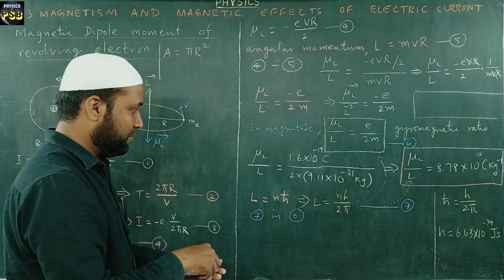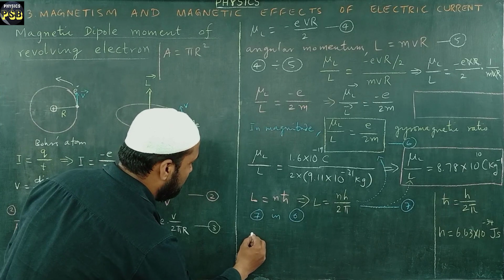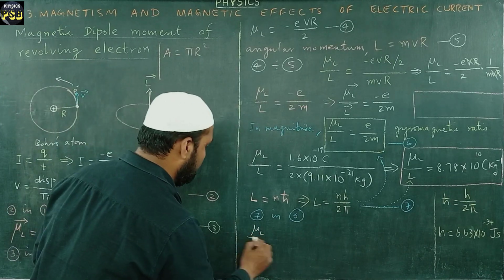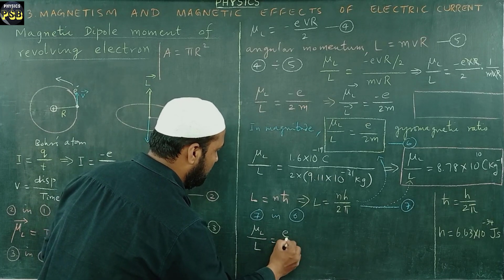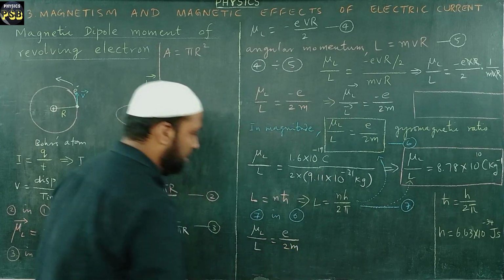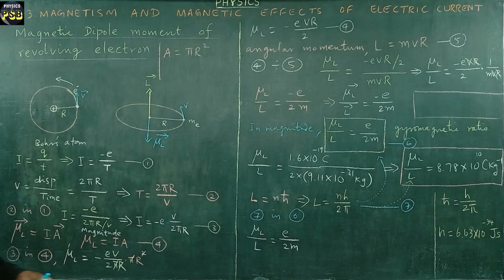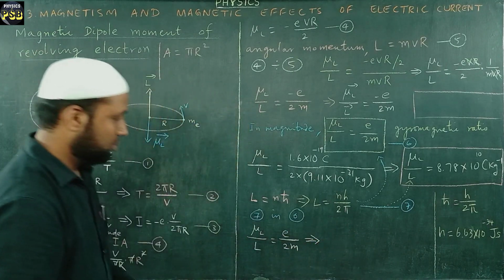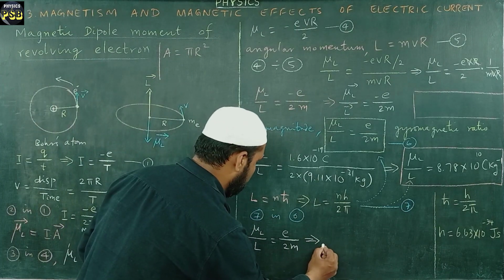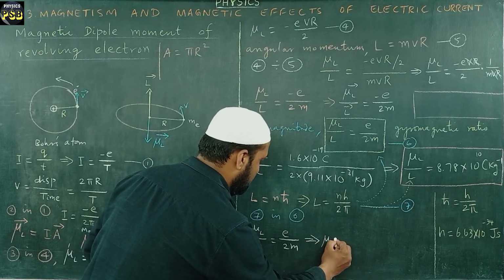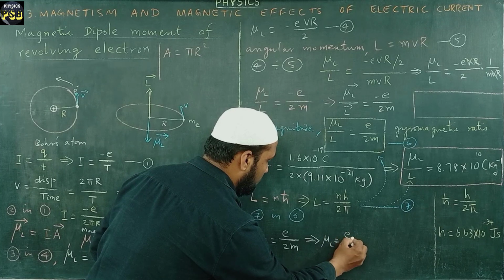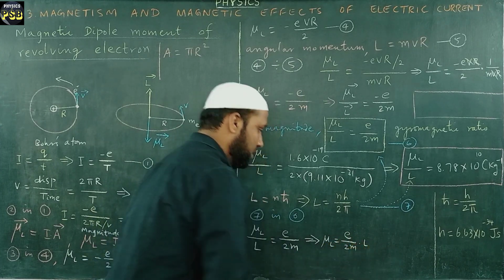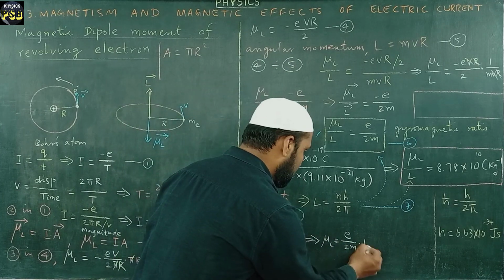I get μ_L upon L equals e upon 2m. So μ_L is found to be equal to e upon 2m multiplied with L. What is the value of L?